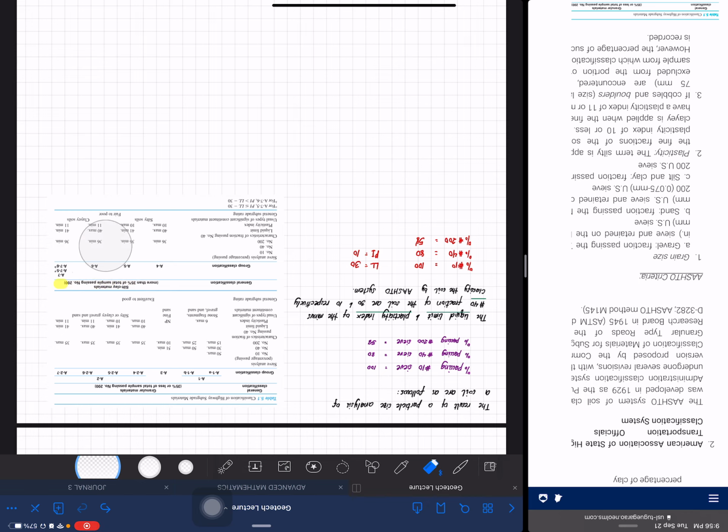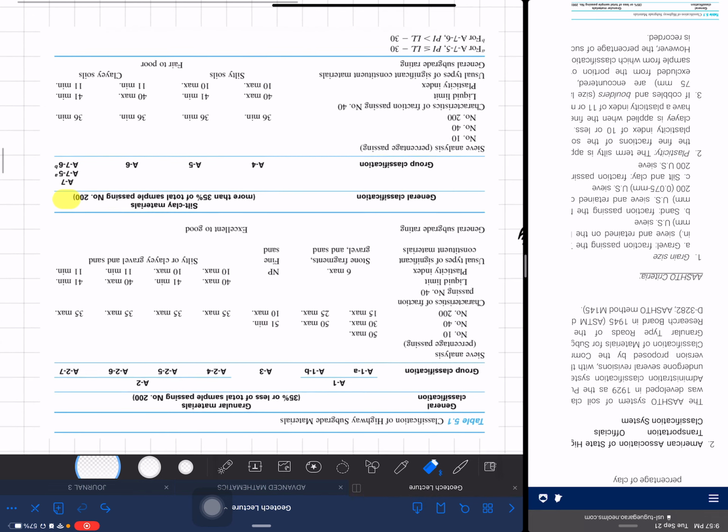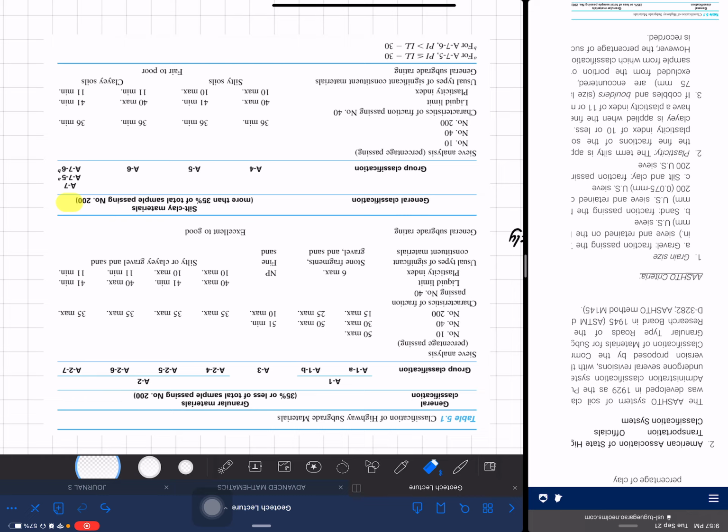Ayan. So, sa AASHTO, table-table lang din. Actually, sa lahat naman ng classification ng soil, table lang naman yung ginagamit natin. Okay. So, ito yung classification ng soil according to AASHTO.